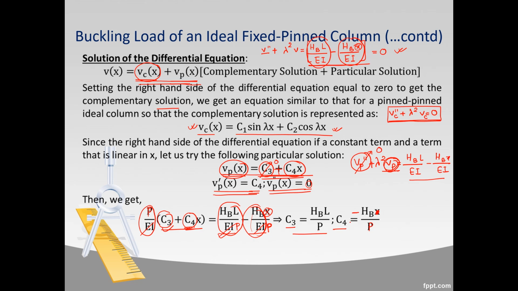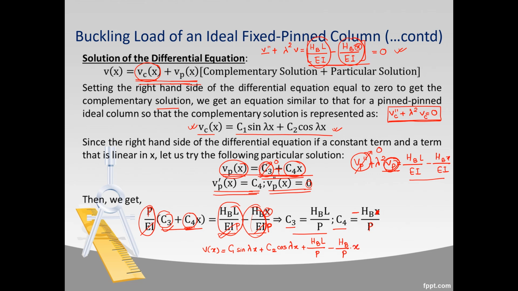Now we have got our total solution. Our total solution Vx is our complementary solution, which is given as C1 sin lambda x plus C2 cos lambda x, plus HBL by P minus HB by P into x.